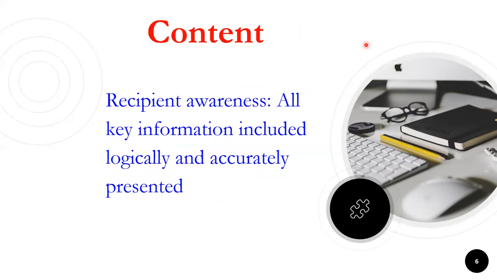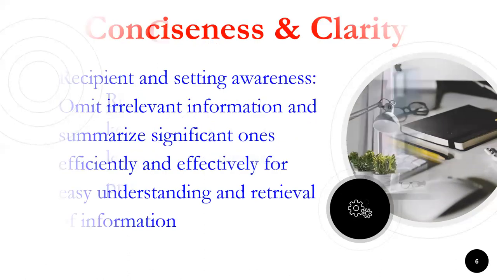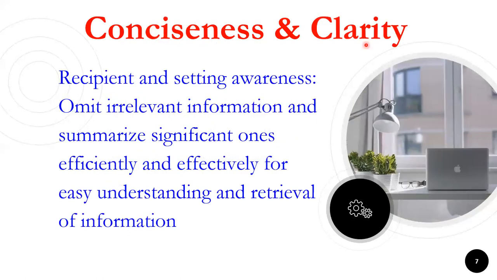So the very primary information which is necessary comes up, then you follow by secondary relevant information. Make sure you don't include any irrelevant information, and that is the focus of conciseness and clarity. Omit irrelevant information and summarize significant ones efficiently and effectively for easy understanding and retrieval of information.